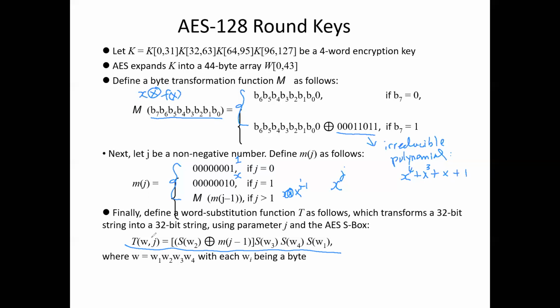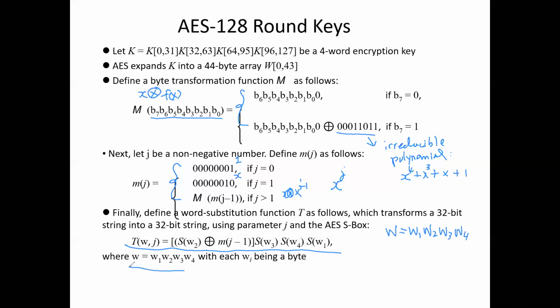I'm sorry, it's not a byte. W2 is a byte, but your input W is a 4-byte string. So we call this W1, W2, W3, W4.